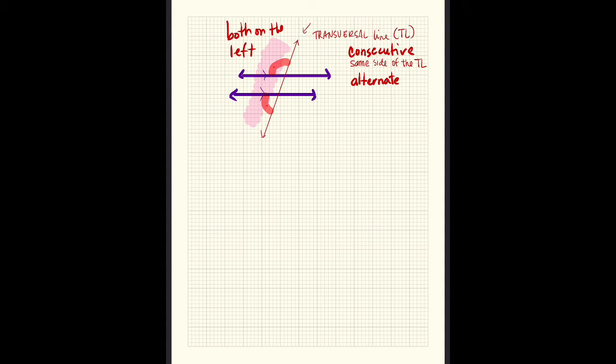These two angles are examples of consecutive angles because they're on the same side. If both of them are on this side, they are also consecutive because they are on the same side of the transversal. So every time we talk about consecutive or alternate, immediately look for the transversal line.